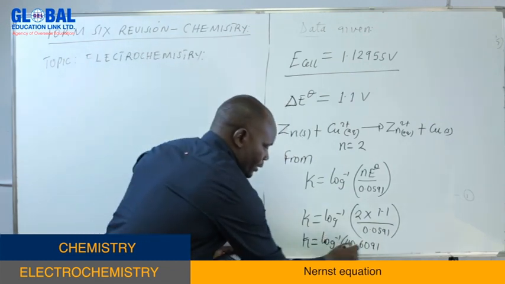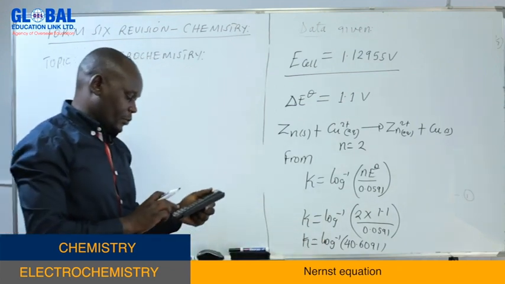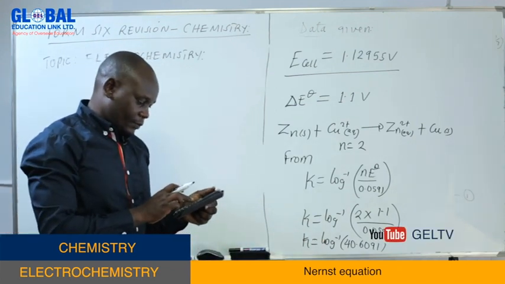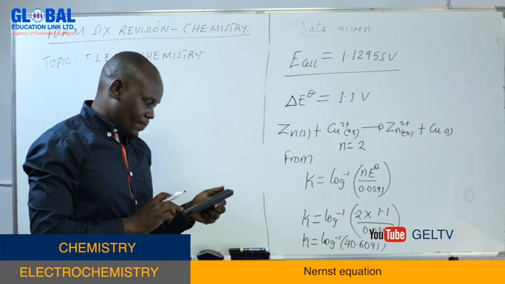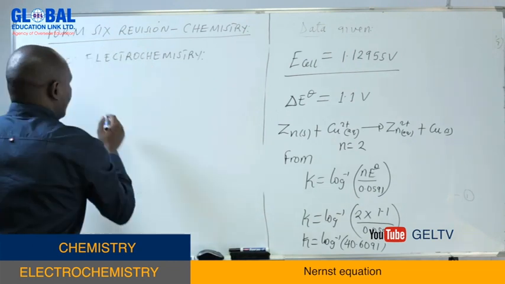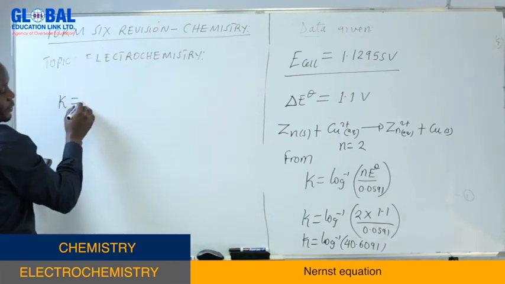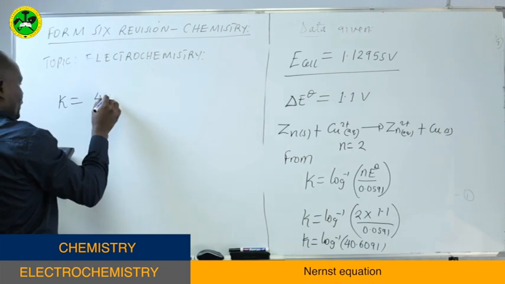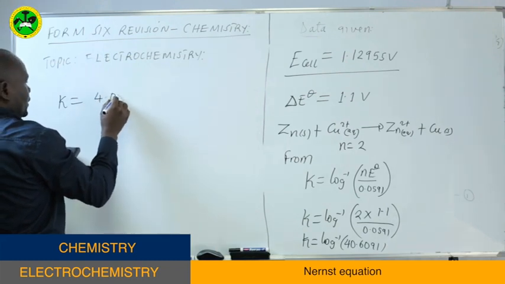Now find the log inverse of this answer. You just use your calculator, then you'll have K, which is equal to 4.06.